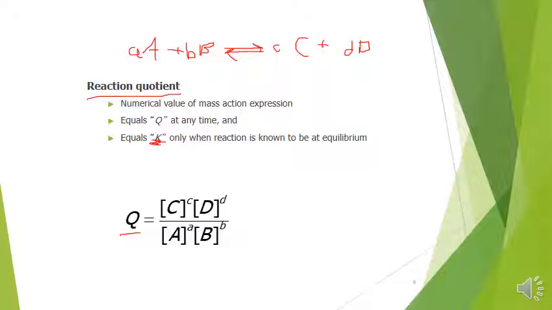All right. So let's say you just start out, there's no product yet. What would Q be equal to? Right, so if there's no product, Q is going to equal 0 over 1.